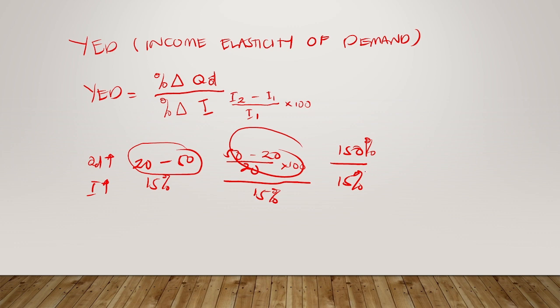How much is that? 150 divided by 15 is 10, so 10. Now, notice the sign here: there is no negative, so it's positive. Therefore, if the answer is positive, it's a normal good. If negative, it's an inferior good.